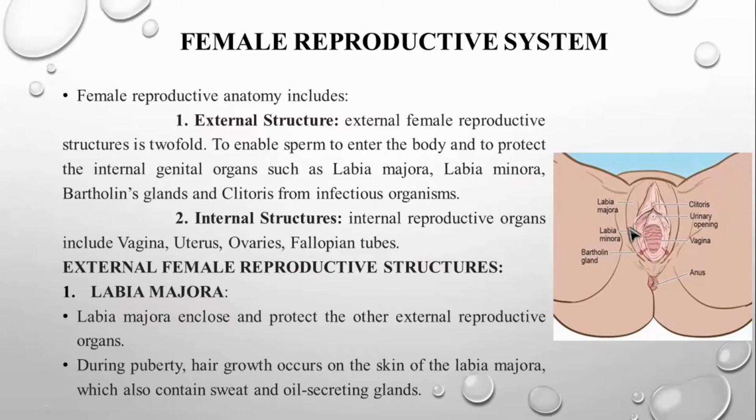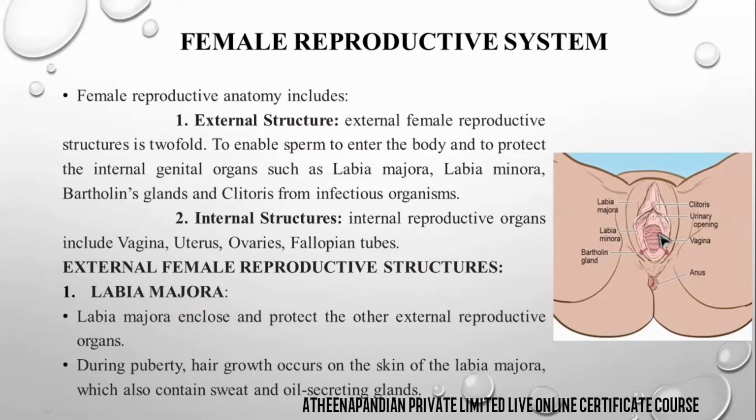Here in the female we can see the labia majora and labia minora. These are the two fold-like structures present in the female reproductive system, mainly used to safeguard from infections. They close as we stretch the legs or thighs, overlapping over the vagina and closing the vagina as well as the urethra.